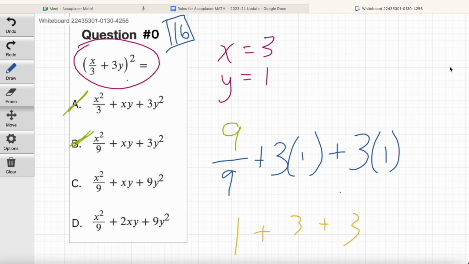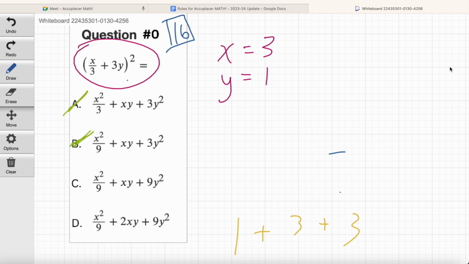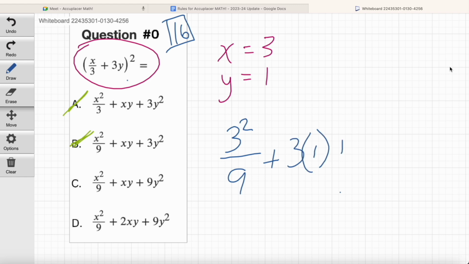Let's try answer choice C. Same thing here. We're just plugging in a 3 for X and a 1 for Y. I feel like this would be it.